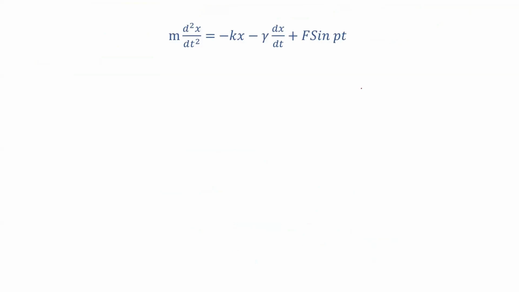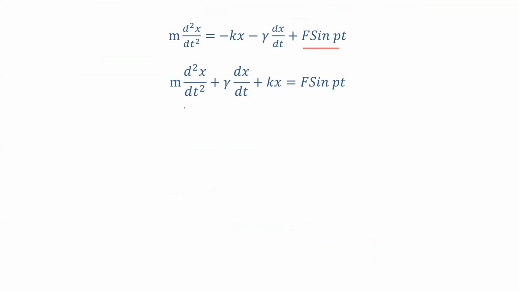The positive term you can leave on the right side, and negative terms you take to the left hand side. Then m into d square x by dt square plus gamma into dx by dt plus kx equal to F sin pt.